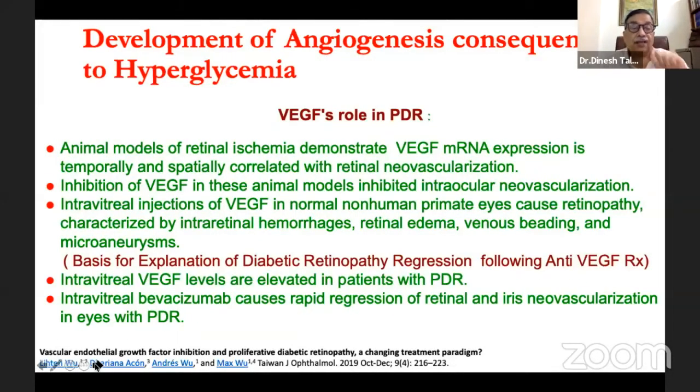The important thing is that intravitreal injection of VEGF in primate eyes can actually cause intraretinal hemorrhages, retinal edema, venous bleeding, microaneurysms. Now, this is important because this can be used as the basis of our explanation of diabetic retinopathy regression following anti-VEGF agents. So this is important to keep a note of, right?